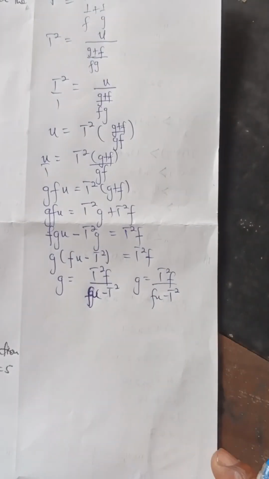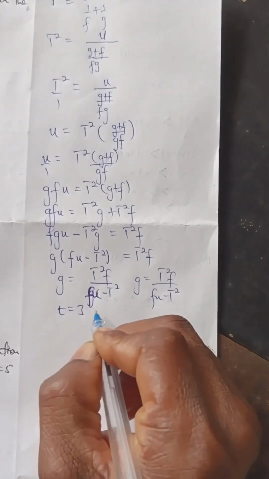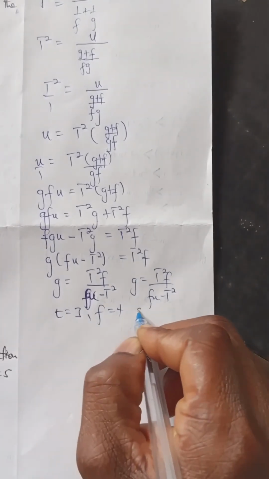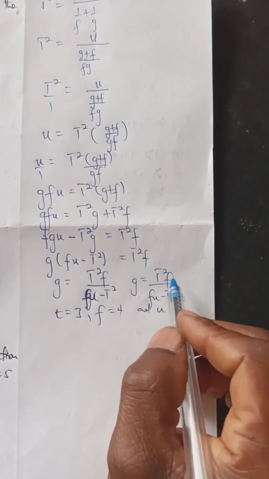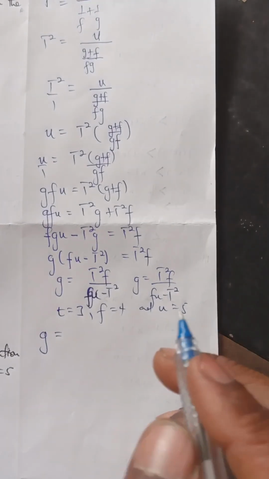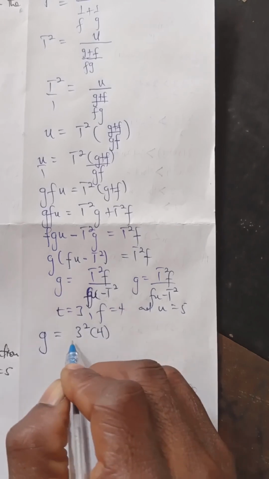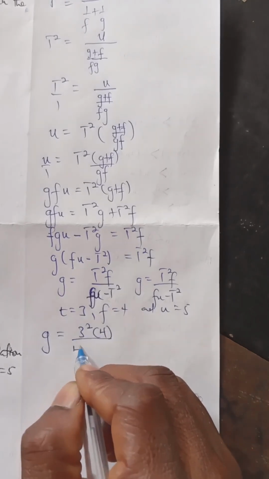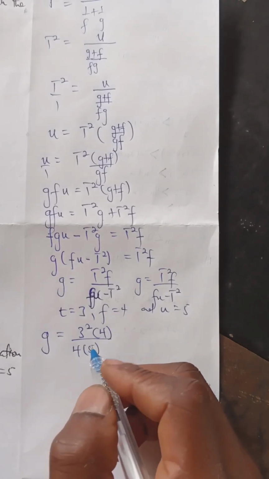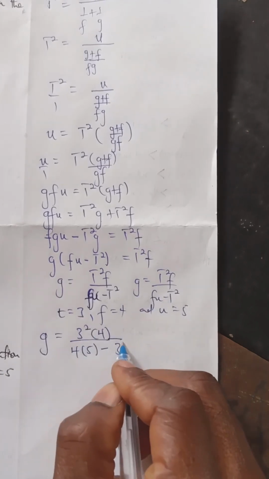Okay, now we have to find the value of G when T is equal to 3, F is equal to 4, and U is equal to 5. So by substitution, G now becomes 3 squared times 4, all over 4 times 5 minus 3 squared.